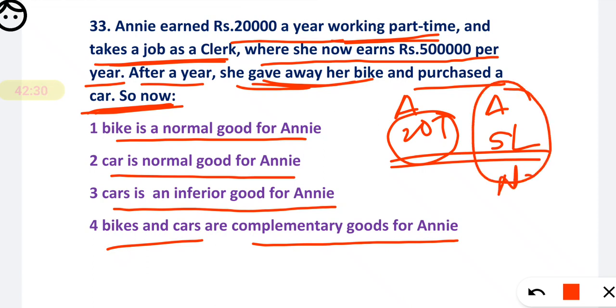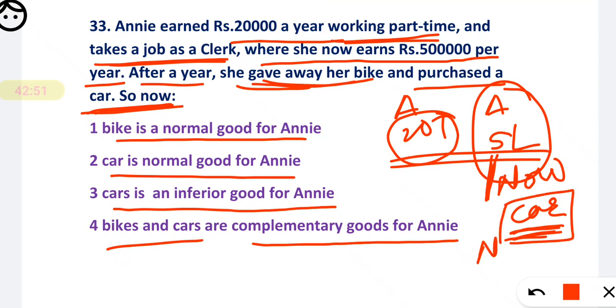So right now she has the car, and she has a sufficient amount of salary. So the car will be a normal good for her.